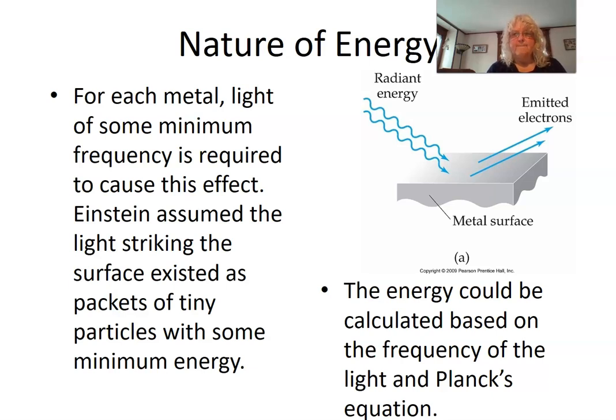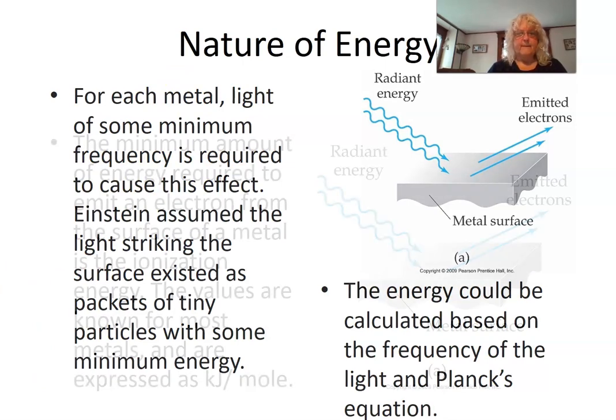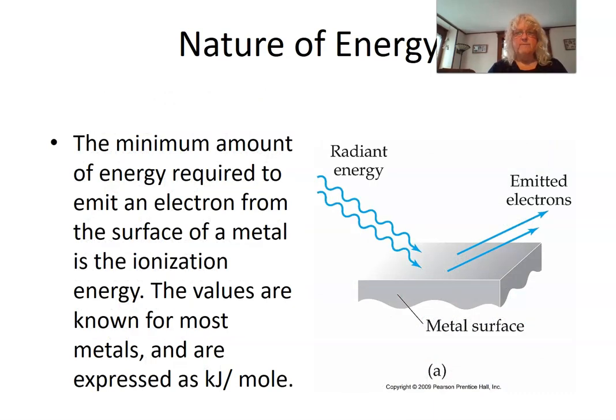And the amount of energy associated with that light could be calculated based on the frequency of the light and an equation that Max Planck had come up with that related energy to frequency. So the minimum amount of energy that's required to emit an electron from the surface of a metal is referred to as ionization energy.